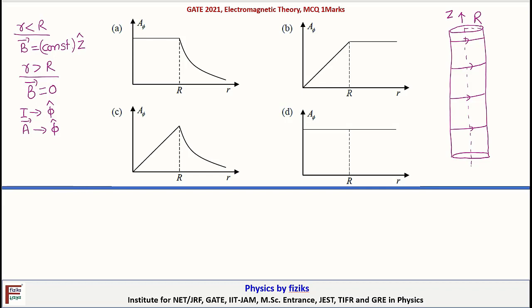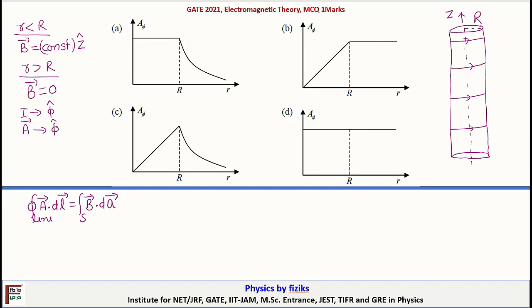Now in this case we will use the integral form of this equation: closed line integral of A dot dl is equal to surface integral of B dot dA. We will use the integral form.